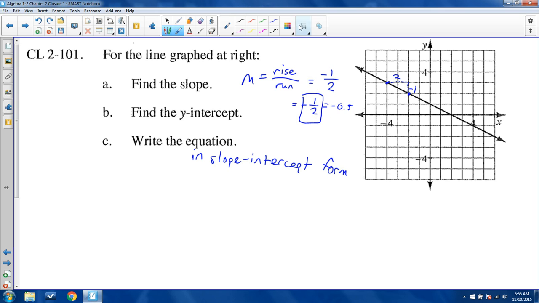Now it didn't matter what 2 points I chose because this is a straight line, meaning the rate is always the same regardless. What if I picked this point over here and this point way down here? Well, the idea is the rate is the same. I think we're going to see some word problems later, but these negative slopes might have you think up a word problem about losing something.